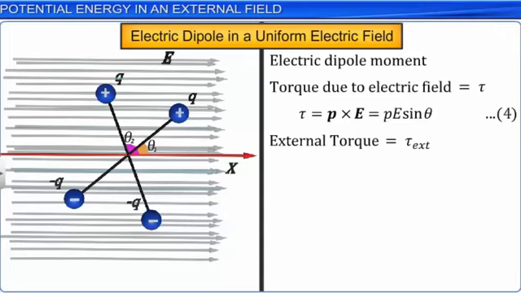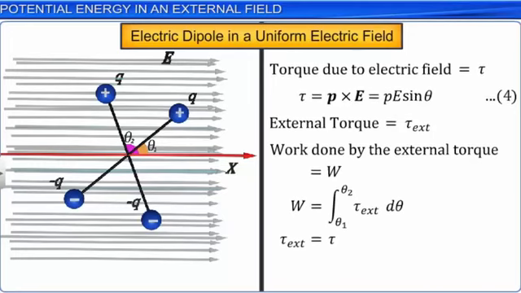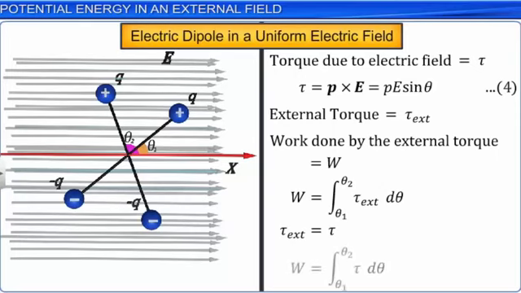Let the work done by the external torque in this process be W. Then, W is equal to integral tau external dot d theta in the limits θ1 to θ2, as tau external is equal to tau. We can write W is equal to integral tau d theta in the limits θ1 to θ2, substituting tau equal to P E sine theta.